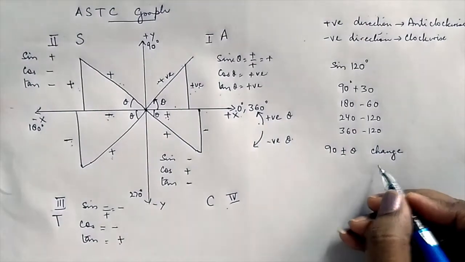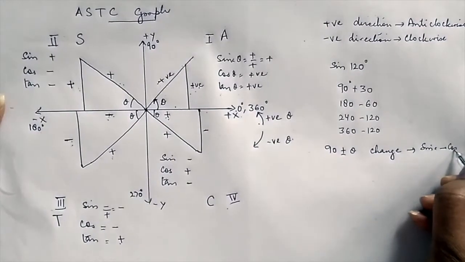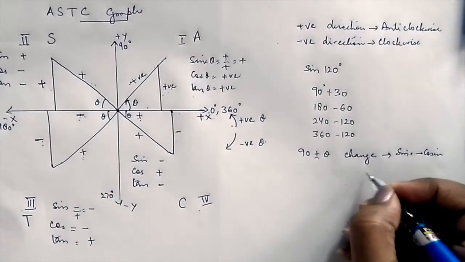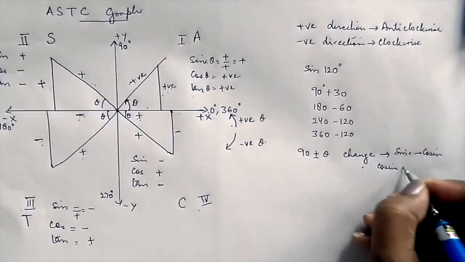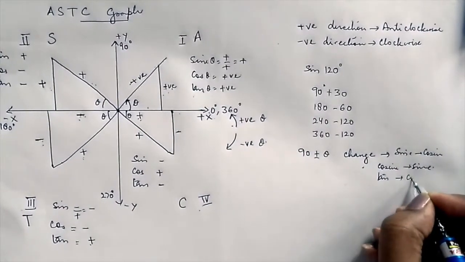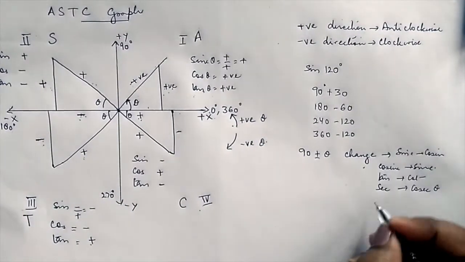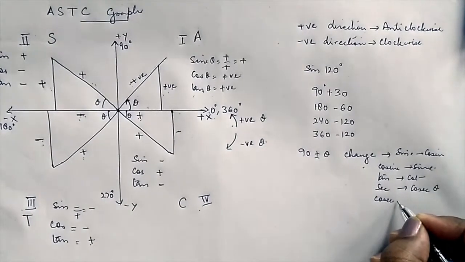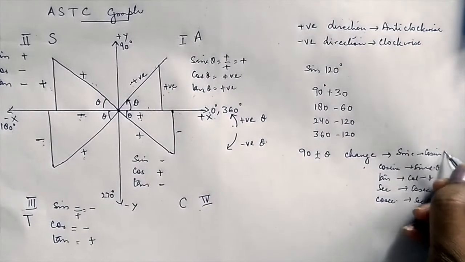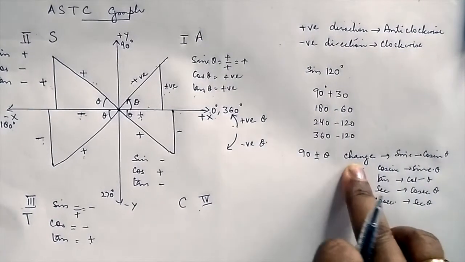When I say change, it means sine changes to cosine, and cosine changes to sine, tan changes to cot, sec to cosec, and cosec to sec. This is how we change when it is 90 plus minus something.